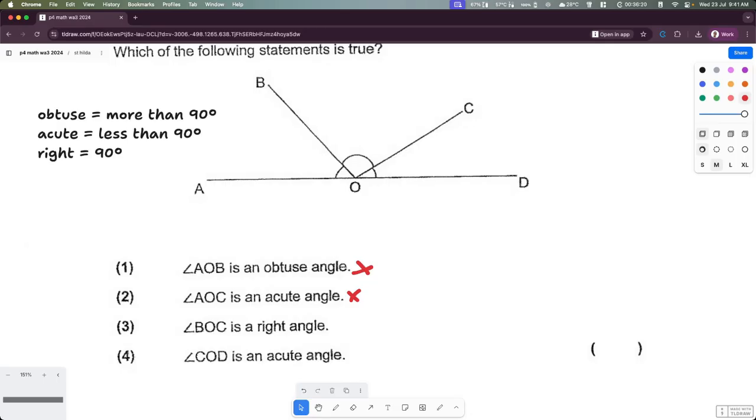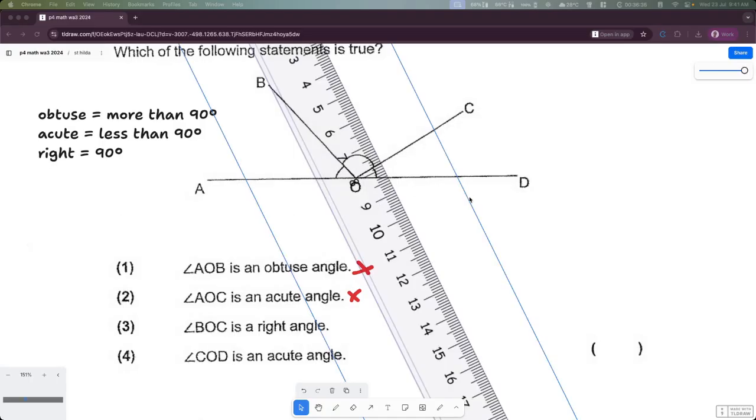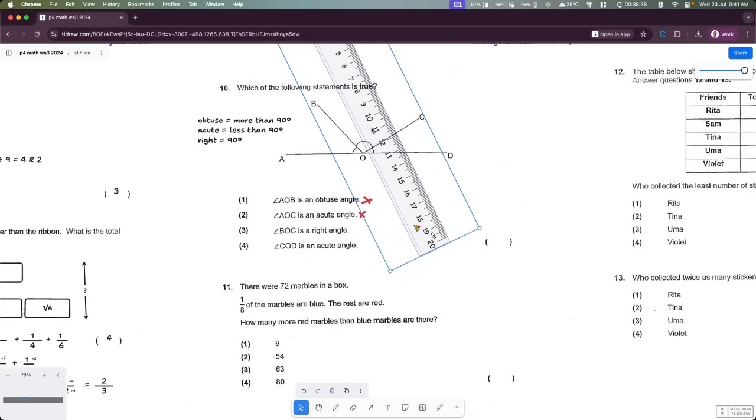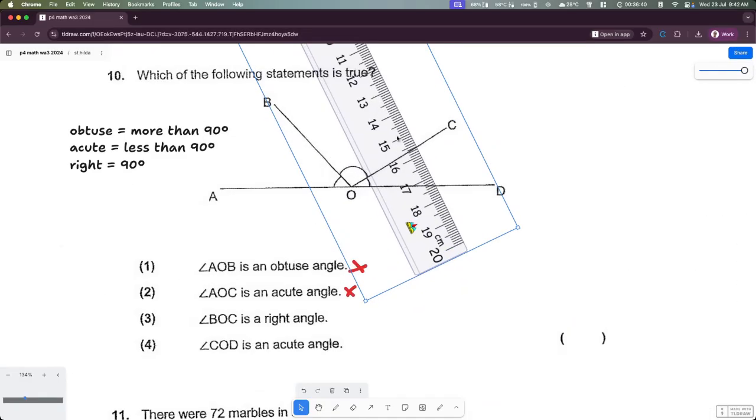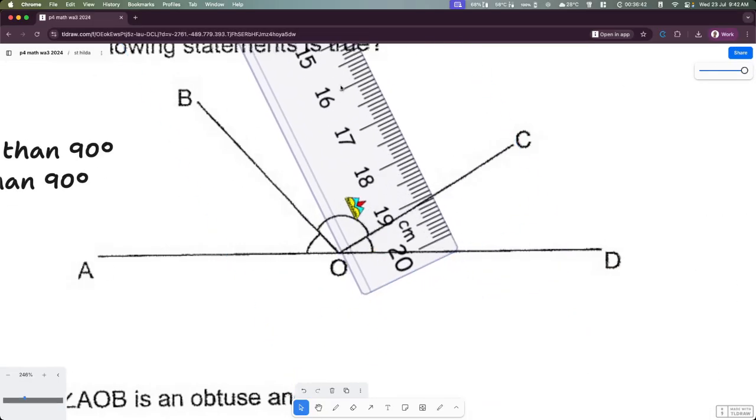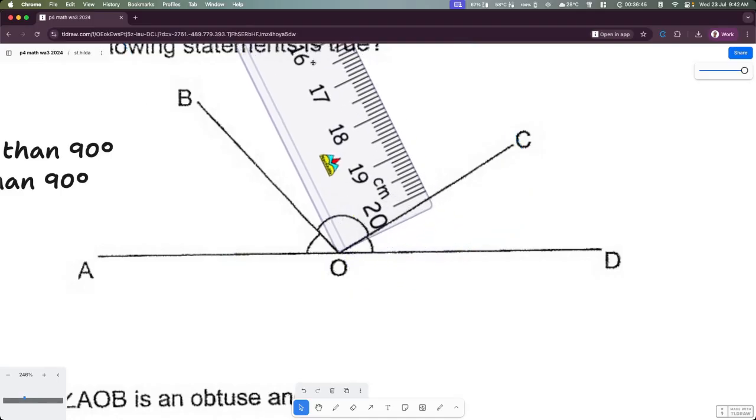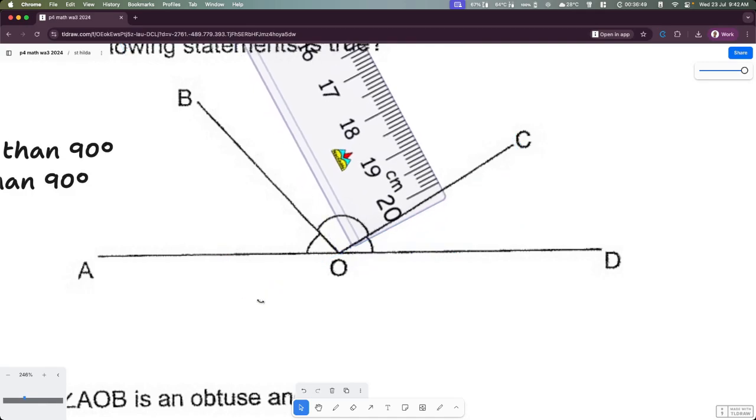We can use our handy dandy ruler. Our ruler can measure 90 degrees, because the corner of the ruler is actually 90 degrees. Let's see if this is 90 degrees.